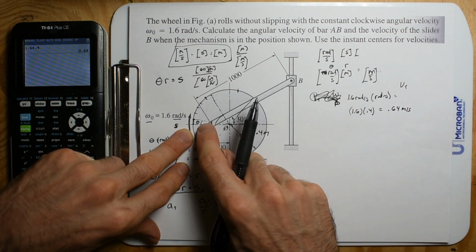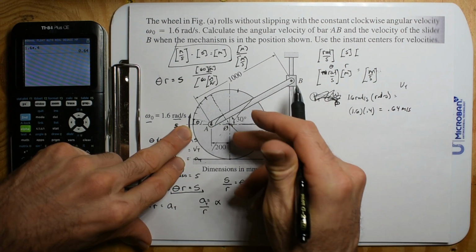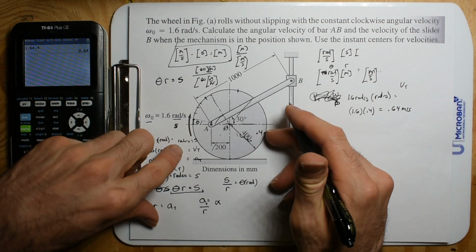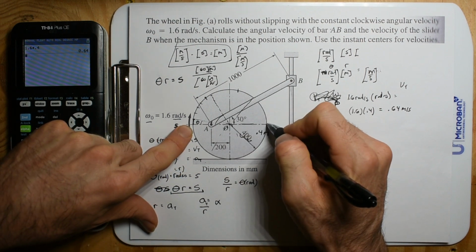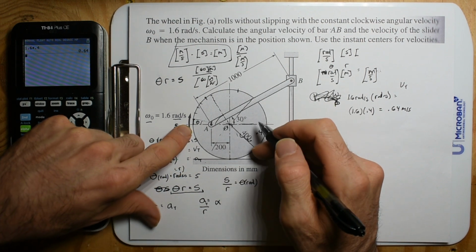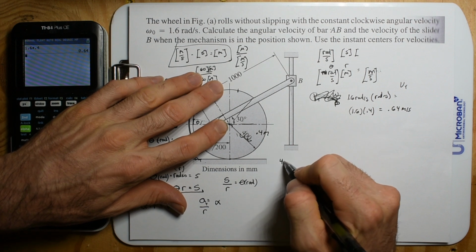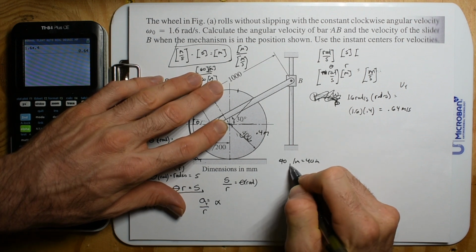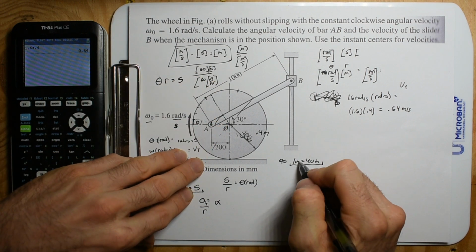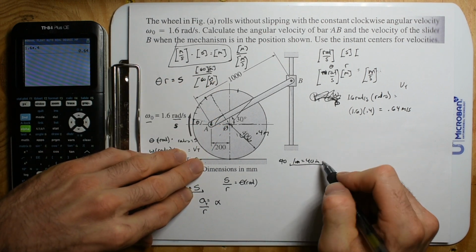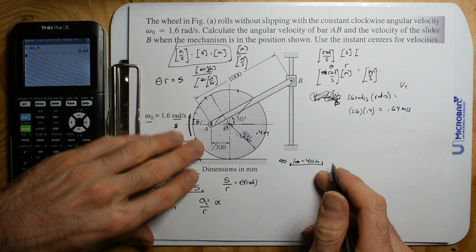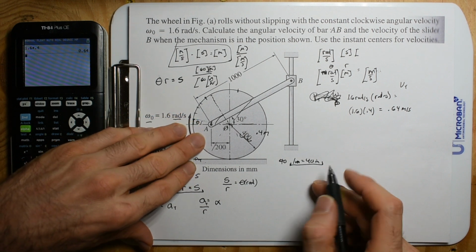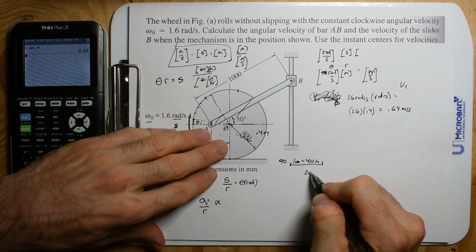Let's get some idea of what size this is. If this is 0.4 meters, I know that a meter is 40 inches, which is probably the best SI to American conversion you could get.